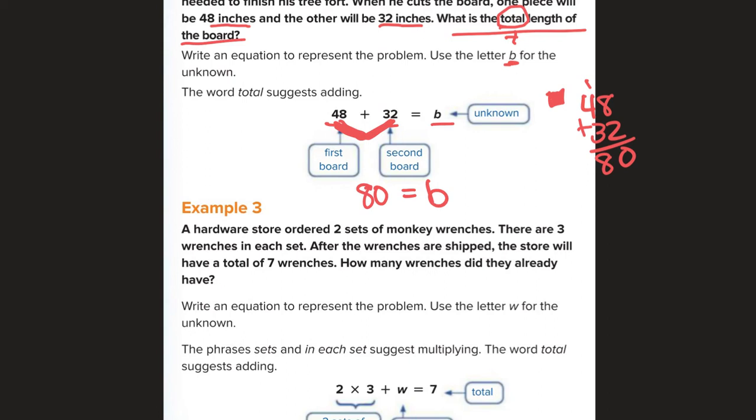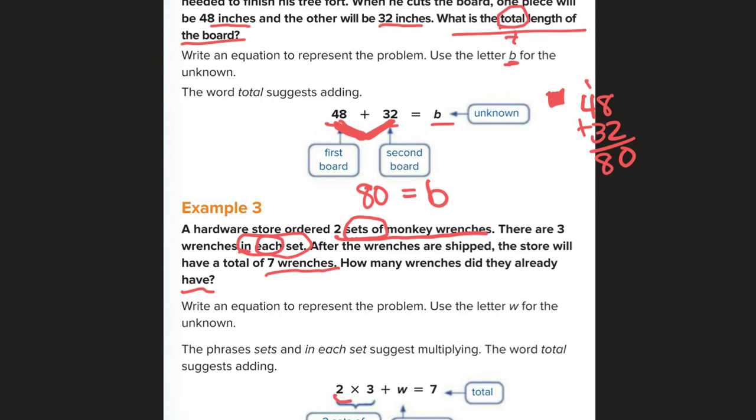Example 3. A hardware store ordered 2 sets of monkey wrenches. There are 3 wrenches in each set. After the wrenches are shipped, the store will have a total of 7 wrenches. How many wrenches did they already have? Okay, so here I see 2 sets of monkey wrenches. Oh, sorry, never mind. There are 3 monkey wrenches in each set. Each. When I look at the previous page, I see in each is an example of multiplying.